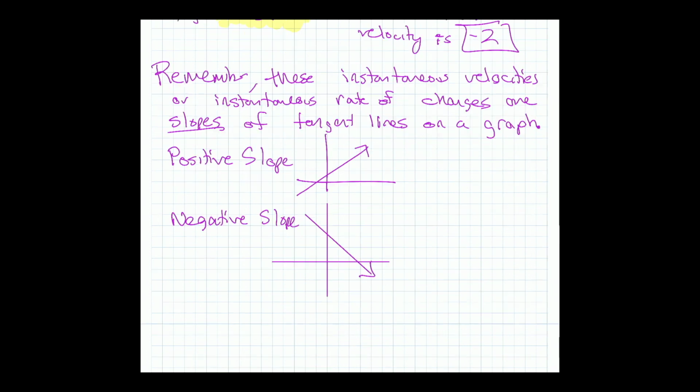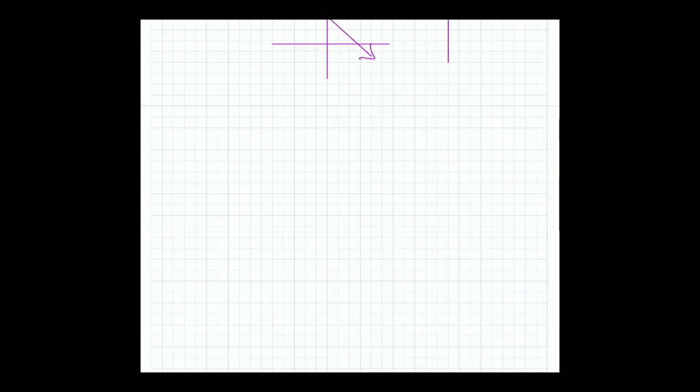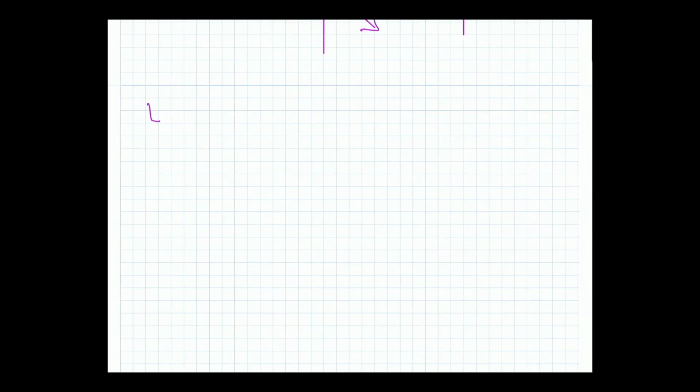Now, something that's useful to know is, what is a zero slope? A zero slope is just a horizontal line, okay? So you should know what positive, negative, and zero slope look like on a graph. And what they're going to have you do to make sure you understand that on the homework is actually pretty simple.